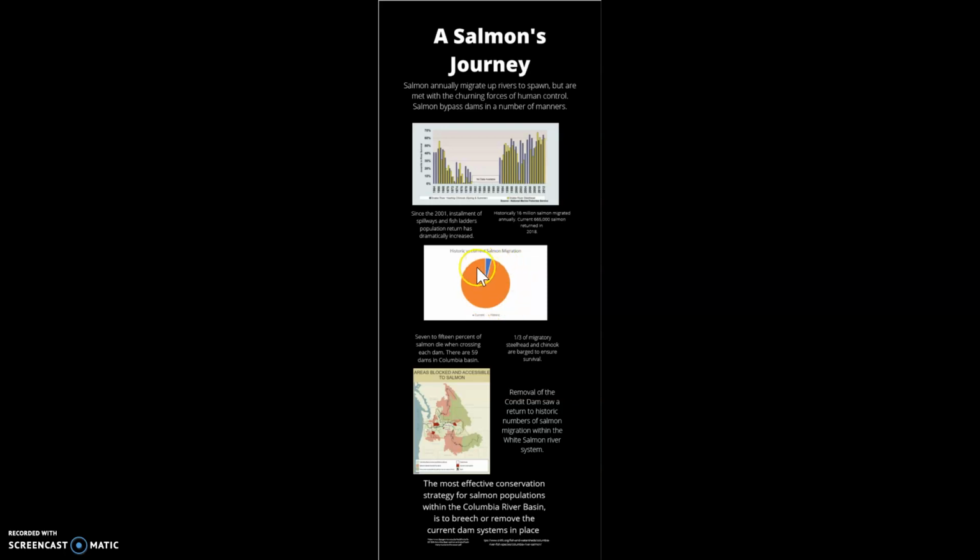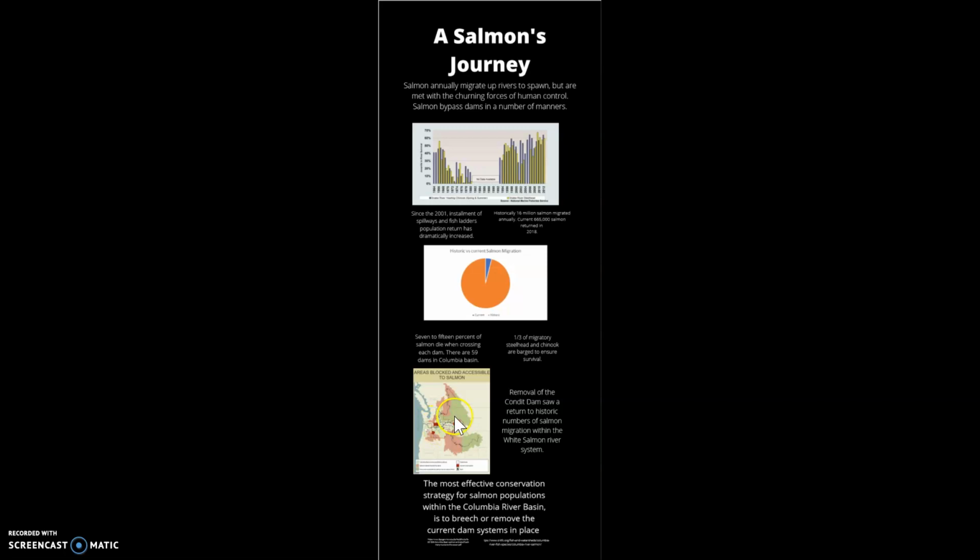And that is why I decided to choose a pie graph like this. I felt like the best way to discuss conservation as a whole would be to show what we have done to this ecosystem and why there is such a need to discuss salmon and how dams play a role in it.